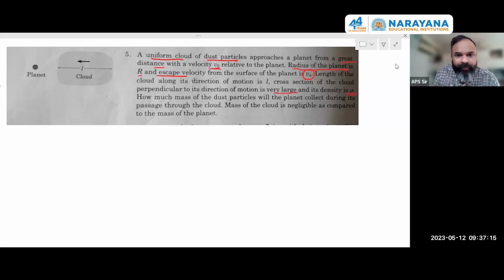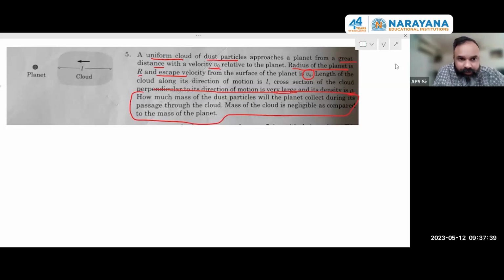Density is rho. So the question was that when this cloud approaches, how much mass of the cloud will hit the planet? If that infinite size interstellar kind of cloud is coming towards the planet, what is the maximum mass of the cloud which is going to hit the planet?